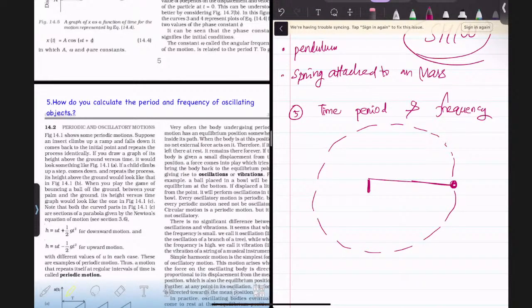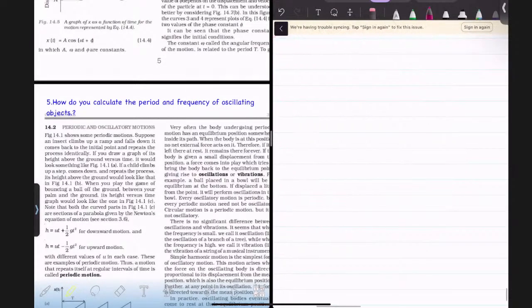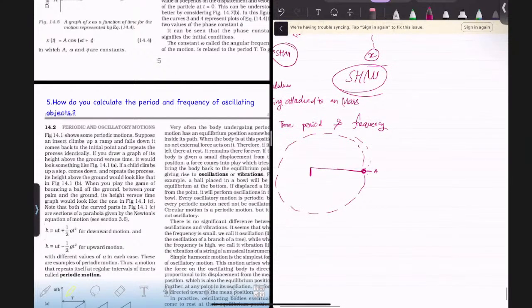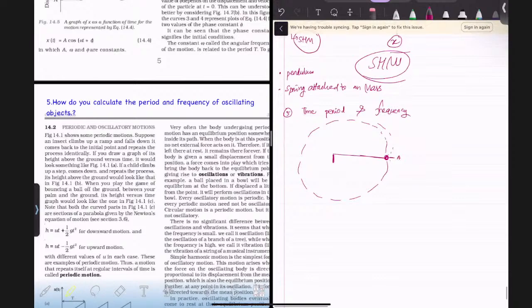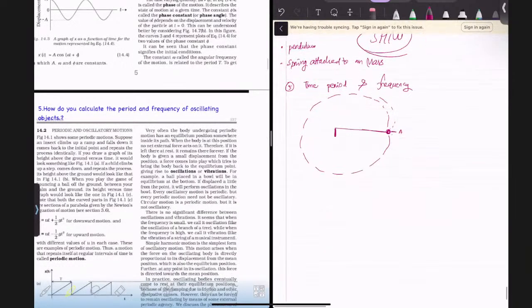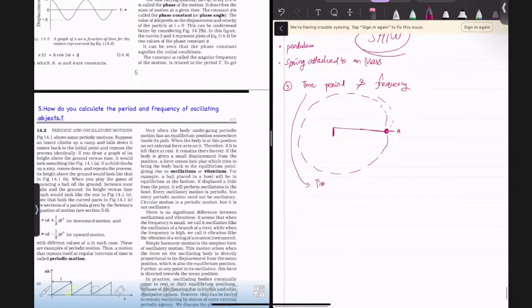Okay, that is known as time period here. मतलब इसको एक सर्किल घूमने के लिए इस पॉइंट से ए पॉइंट में था और फिर से ए पॉइंट में आने के लिए उसको कितना टाइम लगता है, दैट इज नोन एज टाइम पीरियड. सो टाइम पीरियड इज द टाइम taken by the object to make one revolution. ओके, उसको टाइम पीरियड बोलते हैं.